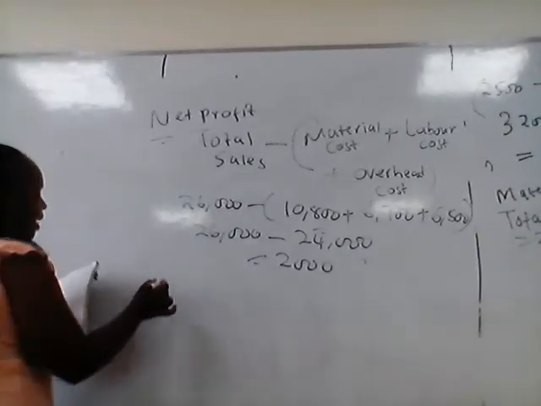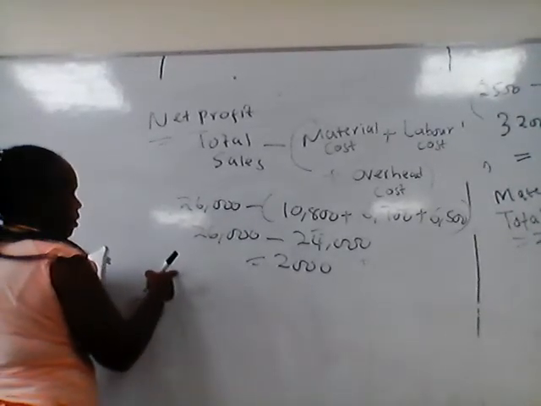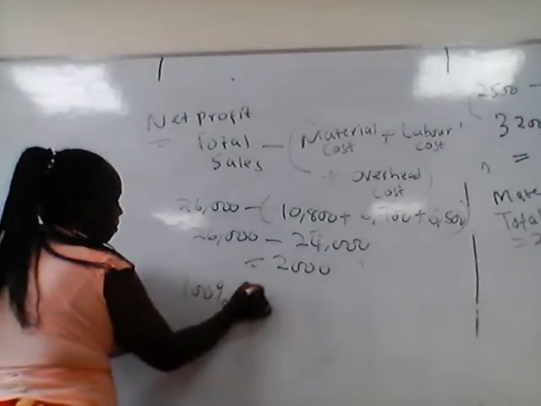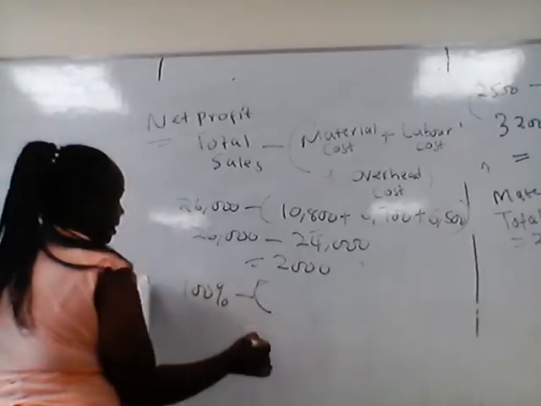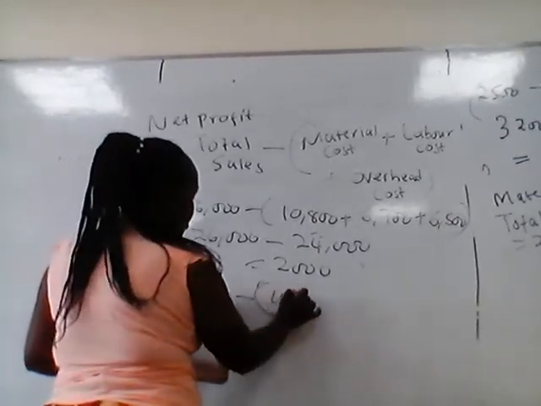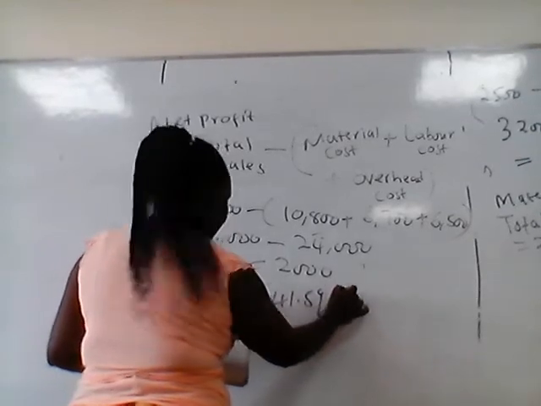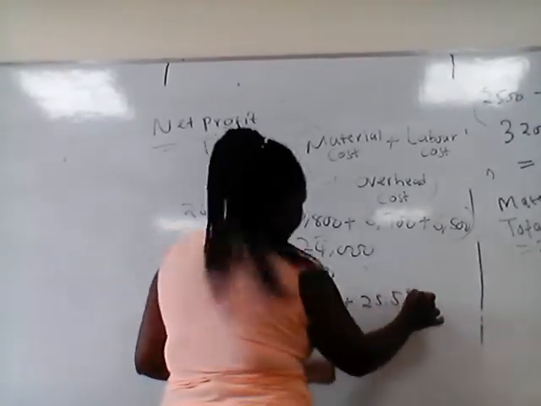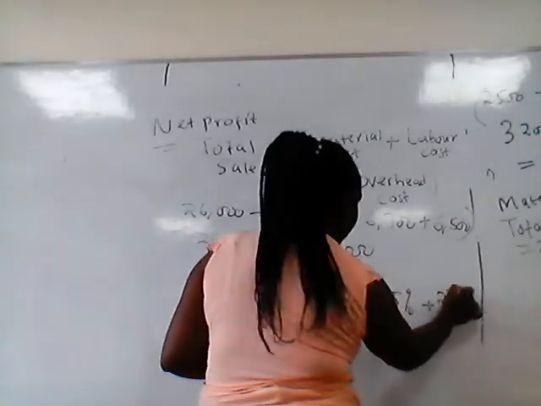Now we look at it as a percentage of sales. So total sales is equal to 100% minus, in brackets, the material percentage was 41.5% plus 25.8% plus 25%.